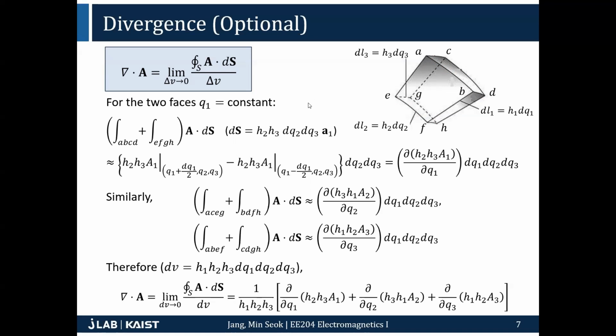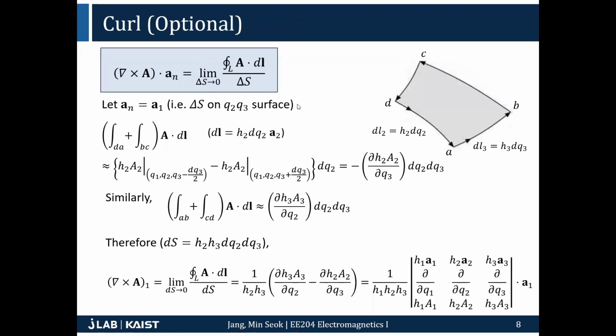Okay, so let's do a similar thing for curl. So here also your infinitesimal surface element. So here this is your Q2 axis, and let's say this is your Q3 axis.